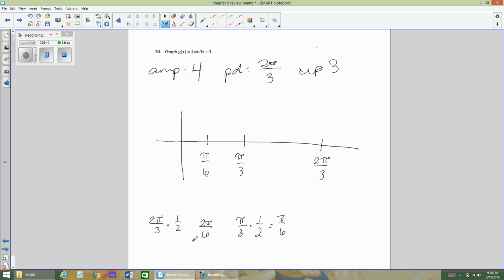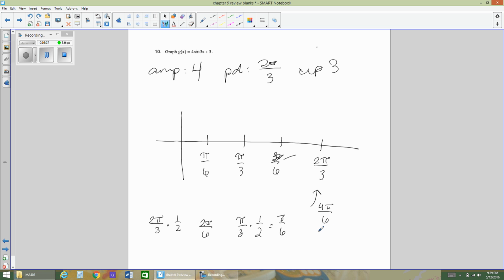Now, go with me here. Remember how we talked about this. This is 1 pi over 6. What is this? Hey, this is 2 pi over 6. So this one is 3 pi over 6. And to check our work, the question is, is this one 4 pi over 6?